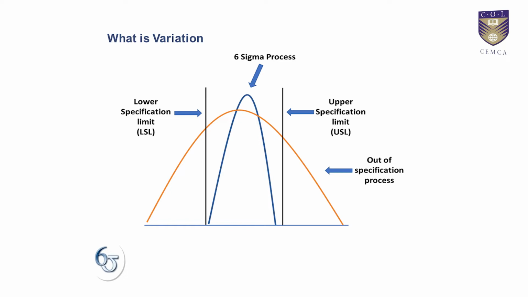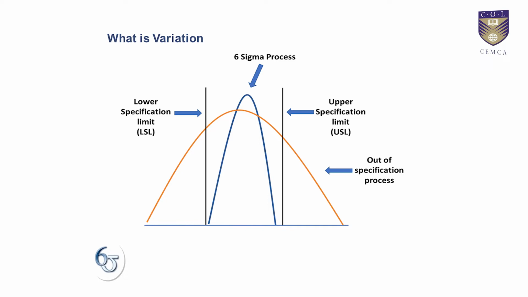But the moment we breach those requirements, that is called excess variation. And we need to find and measure that variation which is beyond the specification of the customer. And that variation has to be reduced and brought under the specification by the customer. As you see in the slide, there is a lower specification limit, and there is an upper specification limit.